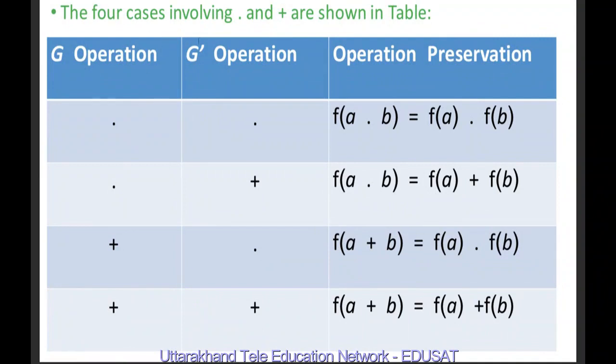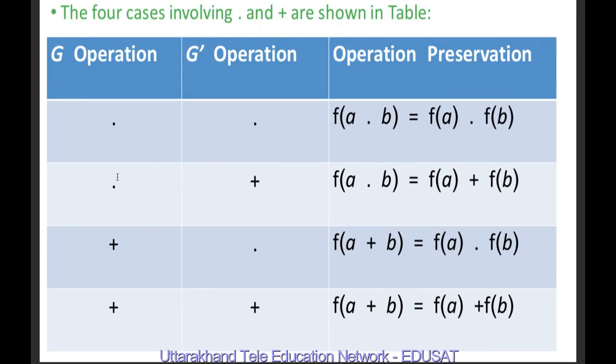Now the four cases involving dot and plus are shown in the table. This is the operation under G, and this is the operation under G dash, and operation preservation is shown here. Suppose dot is the operation under G and dot is the operation under G dash. Then we say that it preserves the operation if f of a dot b is equal to f of a dot f of b.